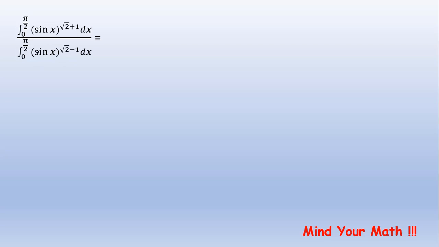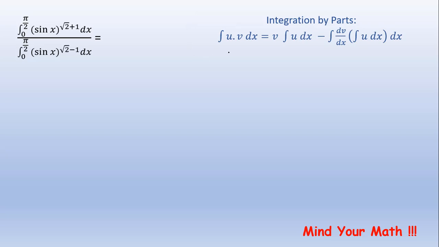Now before solving this question, I'll just quickly go through one concept which we'll be using here, that is integration by parts. So what is the integration by parts method? Let's say you have the integral of the product of two functions, u into v dx.